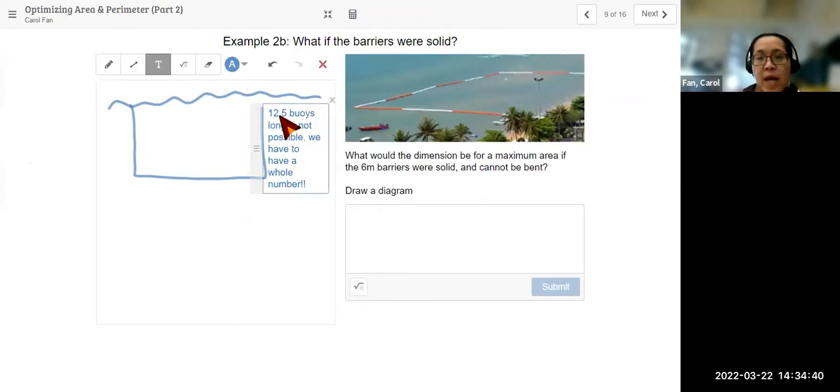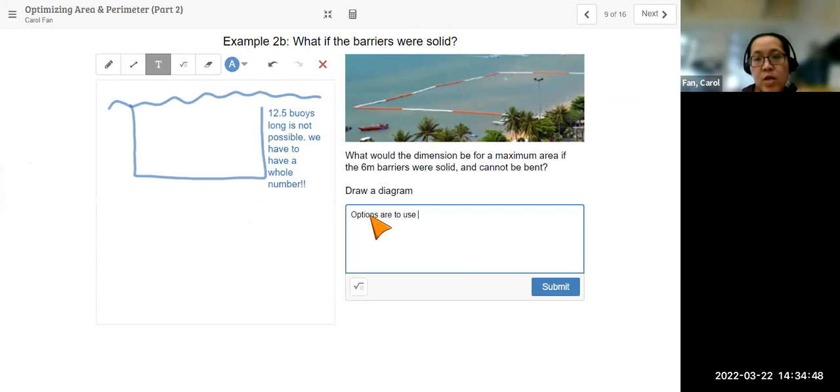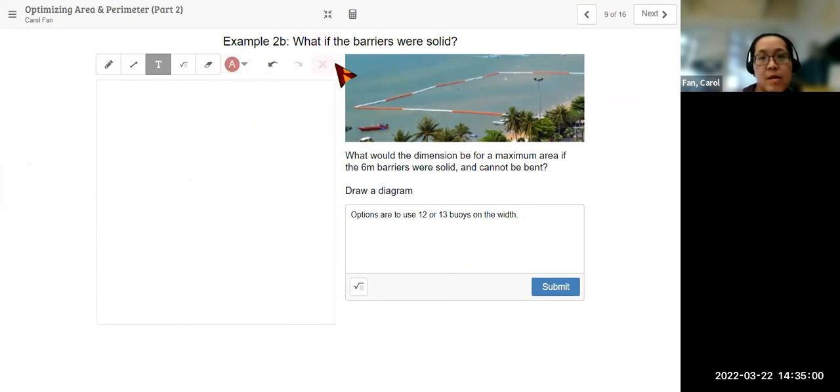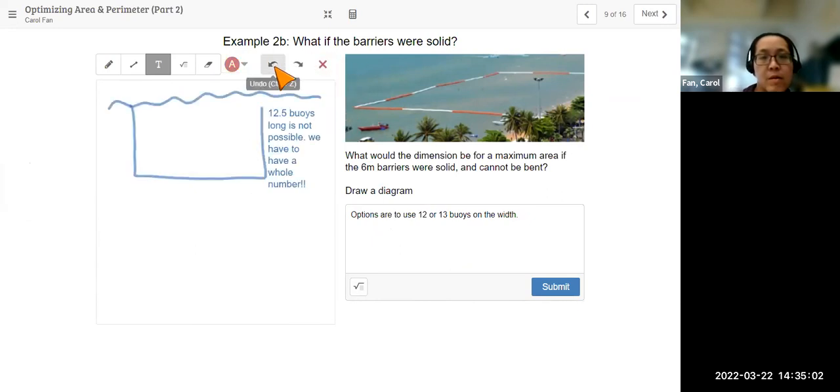Right, so we can't use 12.5. Our options are to use 12 or 13 buoys on the width. Okay, so let's say we did use 12.